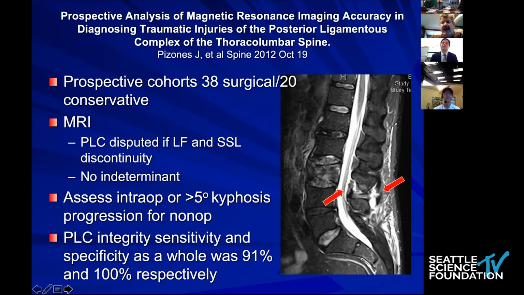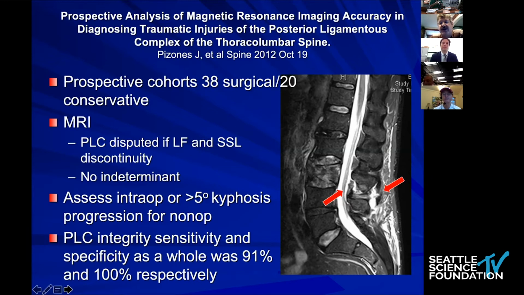There were a variety of papers that looked at this, and probably I think the best paper really broke it down because we often see edema in the interspinous ligament. Edema in the interspinous ligament, edema in the subcutaneous tissue is not very closely correlated with a true injury.